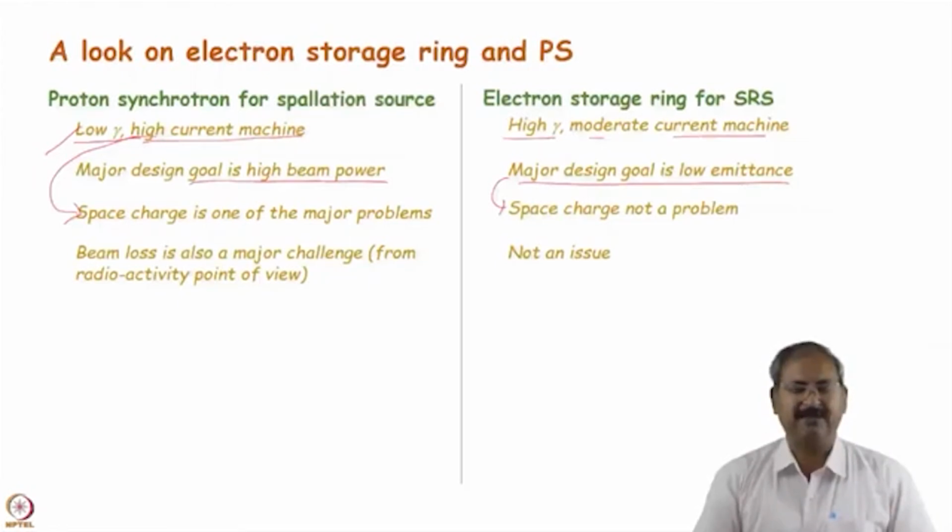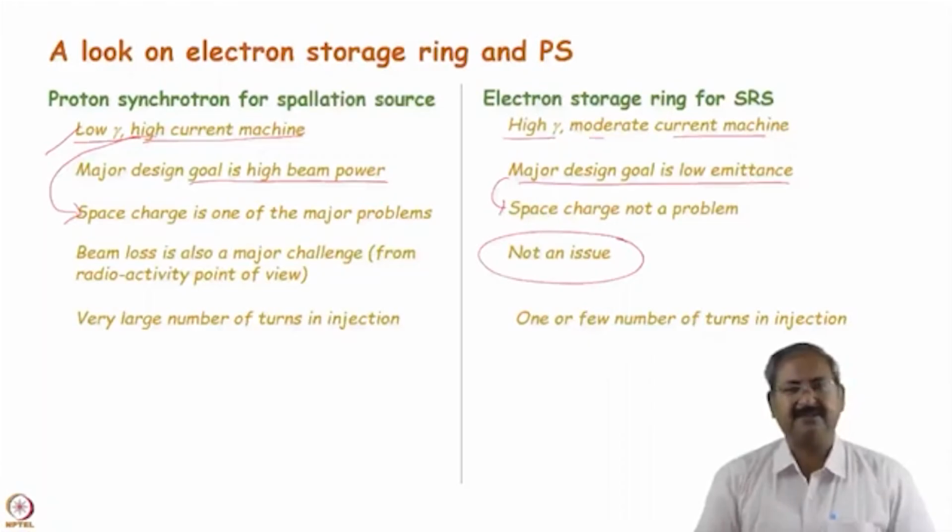So beam loss, or loss of protons on the walls of the chamber, can pose a challenge, because if major losses are there, after a few days of operation the vacuum chamber will become radioactive. In the case of electrons, they do not participate in nuclear reactions, so this is not a problem. Only some thermal issues may be there for the beam loss.